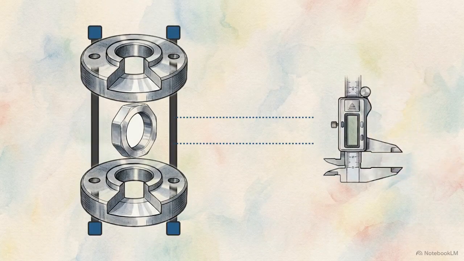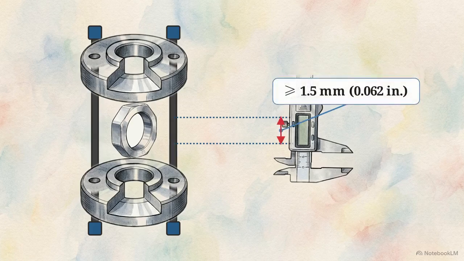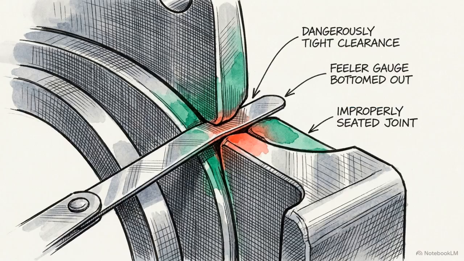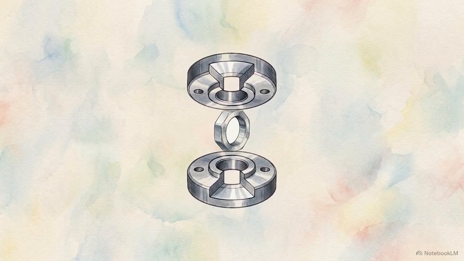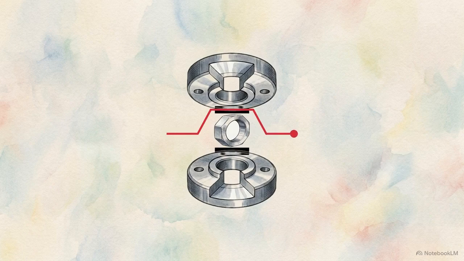Inspectors measure the distance between the outer edges of the raised faces while the system is fully assembled. If this gap is less than 1.5 millimeters at any point around the circumference, the joint is compromised. A gap smaller than 1.5 millimeters risks the outer flange faces touching under bolt load. If the faces touch, they absorb the compression, preventing sealing pressure from reaching the internal ring and guaranteeing a leak.